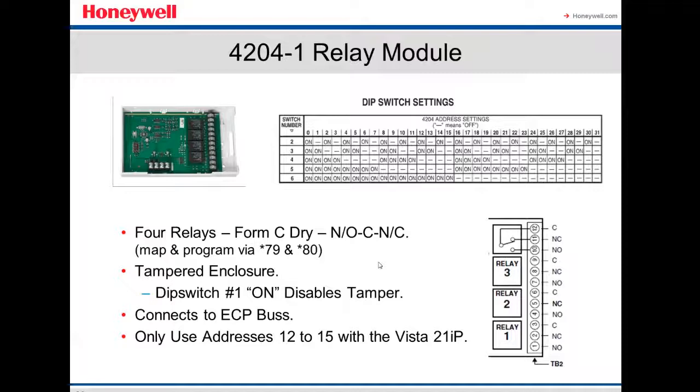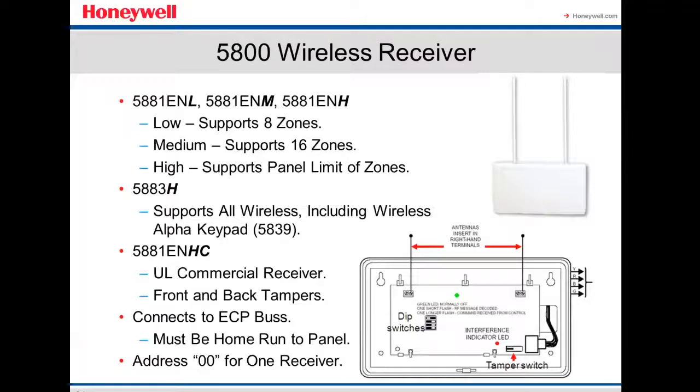L is low, which supports up to only 8 wireless zones. The medium supports 16 wireless zones, and the high supports the total zones of the panel. In this case, it supports up to 40 zones.